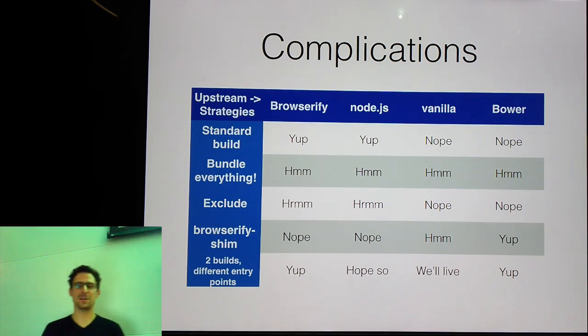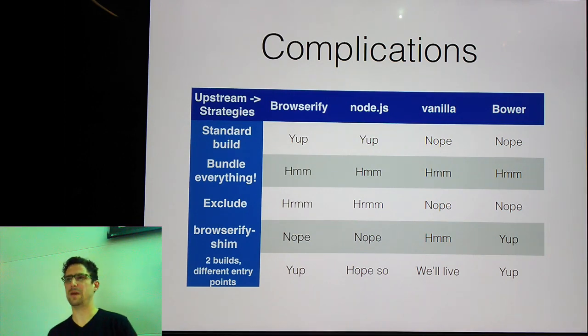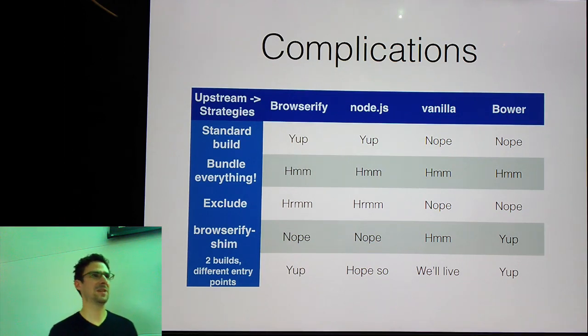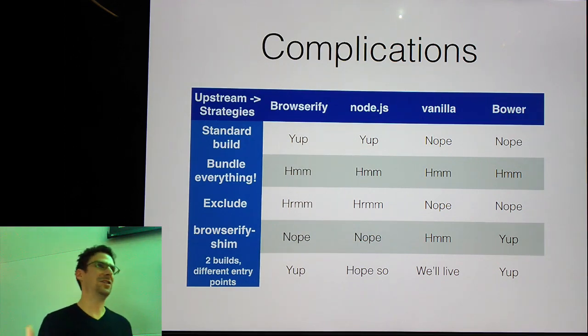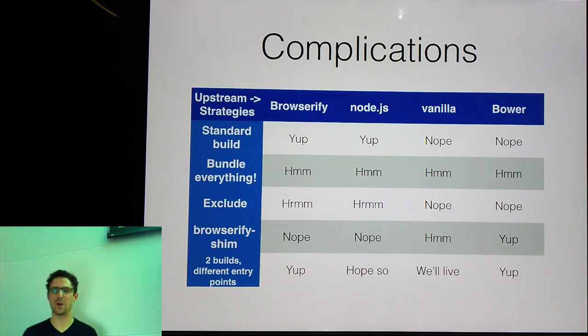It doesn't work so well if you're just trying to import this library into the browser, or if you're using Bower. Then you have to manually remember to pull in all the dependencies. Not the worst thing in the world, but not great either. If you define a bower.json file, that solves that problem for Bower. But the browser people are still kind of out of luck a little bit.